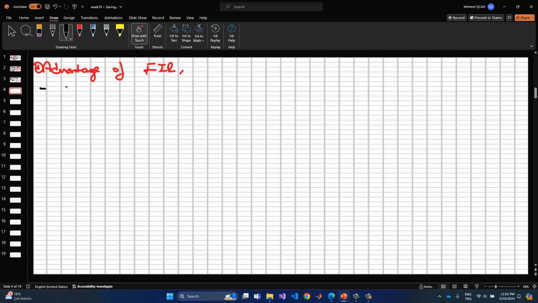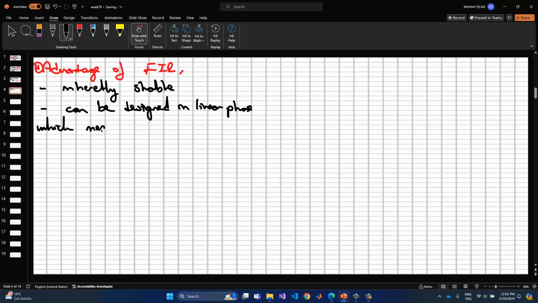First of all, FIR filters are inherently stable, since we don't need to use feedback. Also, FIR filters can be designed with linear phase, which means that all frequency components of the input are delayed by some amount.